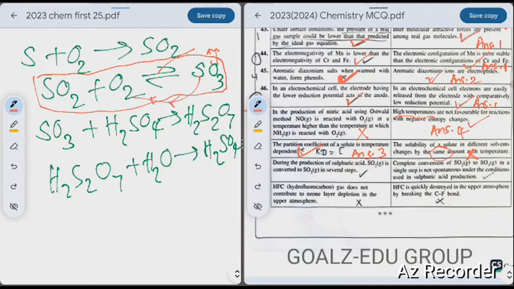Because of that, we use a catalyst here, V2O5, and we send this reaction through 4 catalytic surfaces.